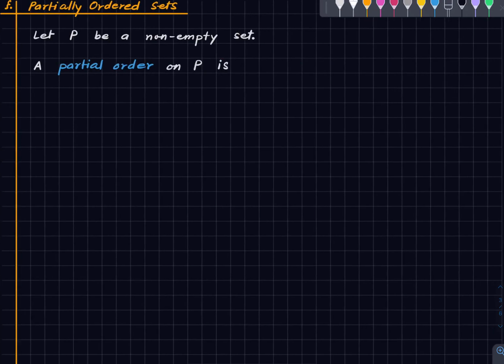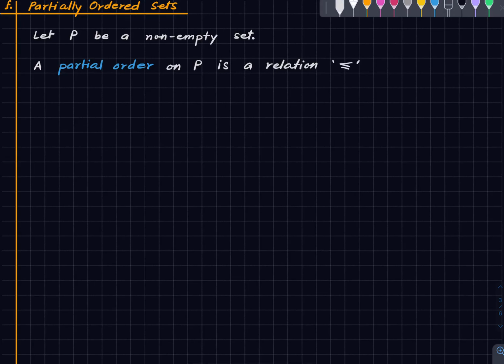So what is a poset? Before we answer that, first we will note what is a partial order. So let P be a non-empty set. A partial order on P is a relation which we denote by this symbol.